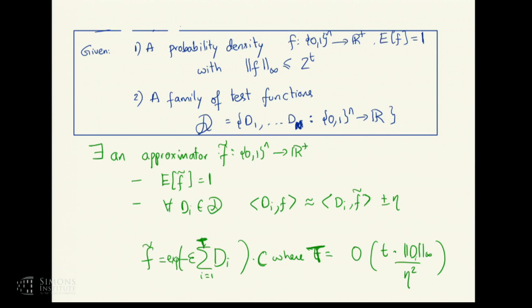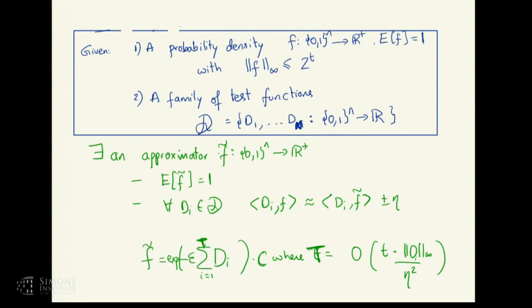Actually, let me add a page. Okay, so here's a corollary. If your tests were juntas, let's say the d_i's are m-juntas for some m, so they depend on a small number of variables. What can you say about the approximator?